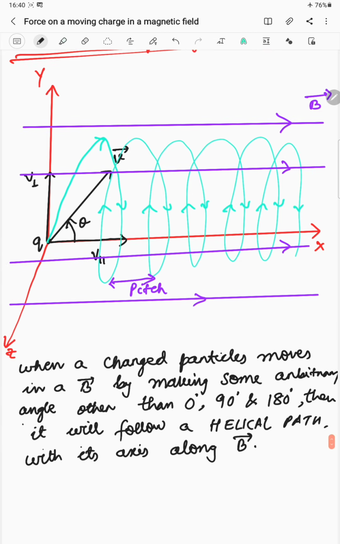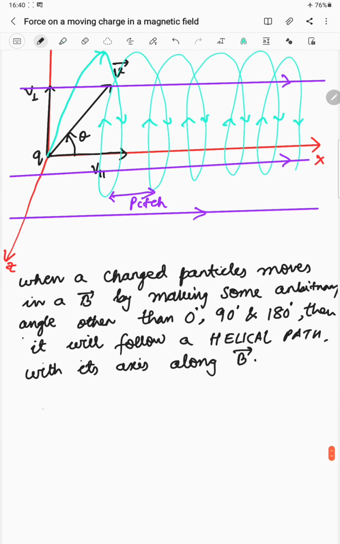So we can now write here that the velocity will have two components. One component will be your v parallel, and what is its value? It is v cos theta, as we know resolution of vectors. And what is v perpendicular? The v perpendicular is v sin theta. Okay. So one thing you remember, the parallel component helps the particle to move forward. So let me write it.